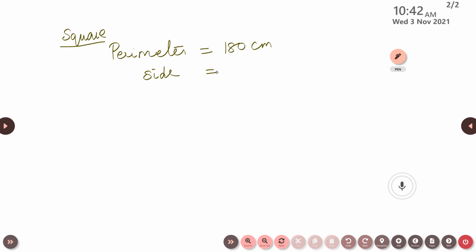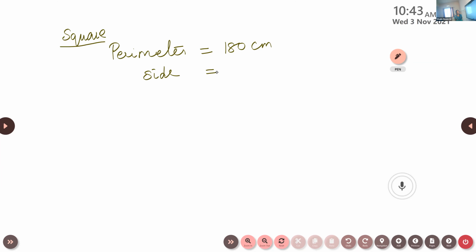What about the area of the square? What is the formula for area of the square? Area of the square is A square.